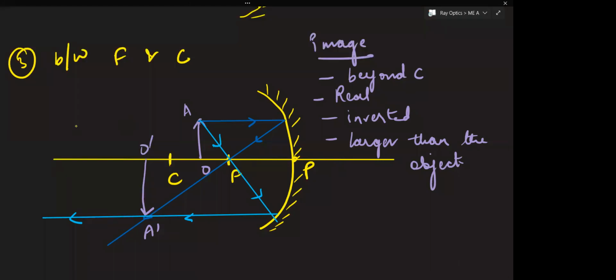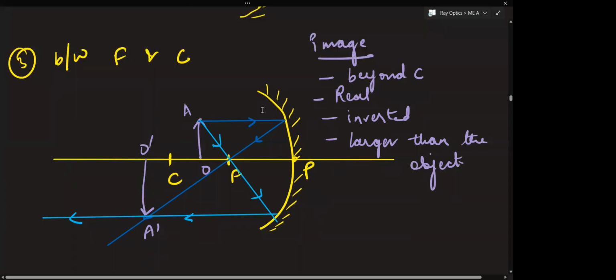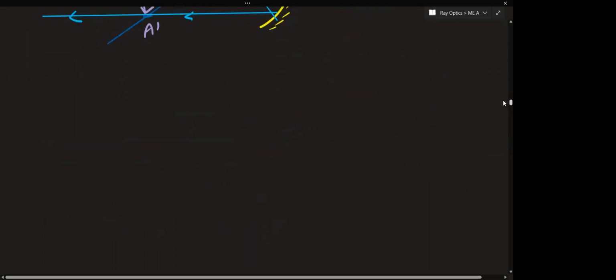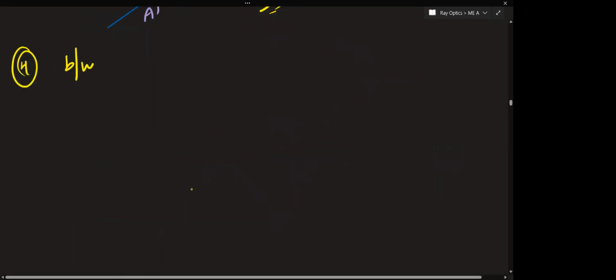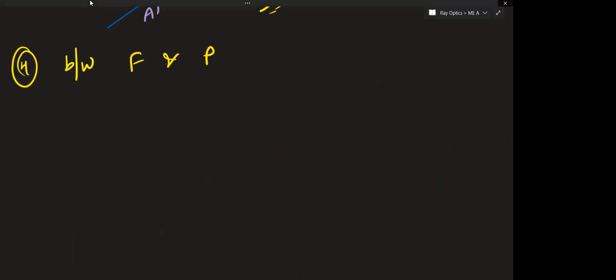Last ray diagram for the concave mirror. Let's shift it a bit more between F and P, because the rest of the possible cases we have done. So fourth, between the focus and the pole.